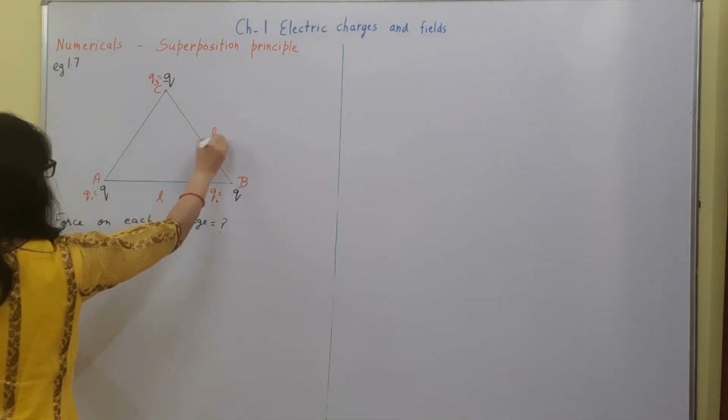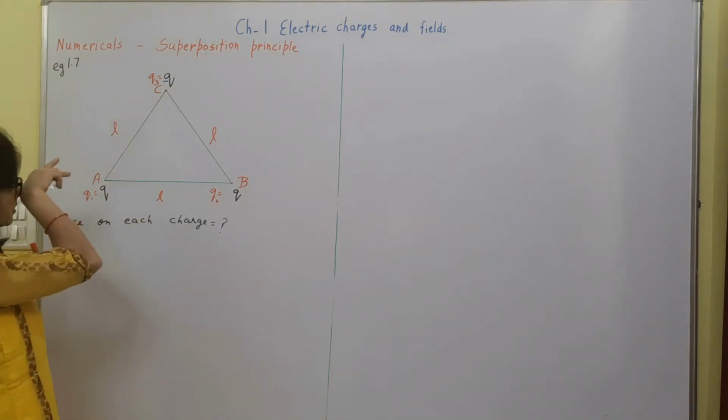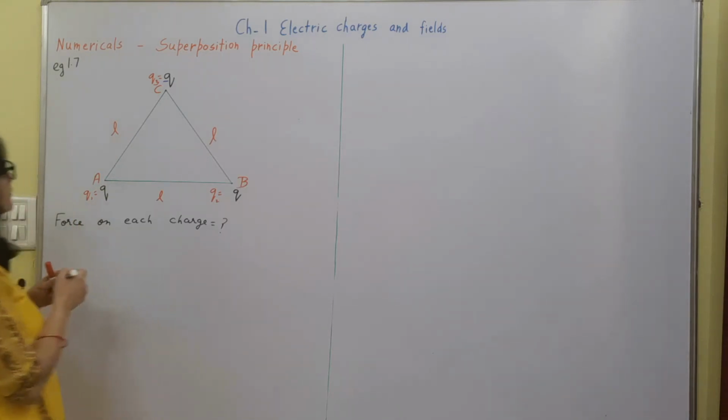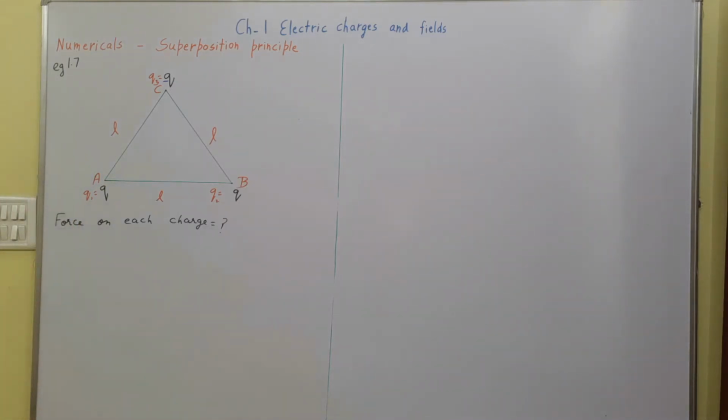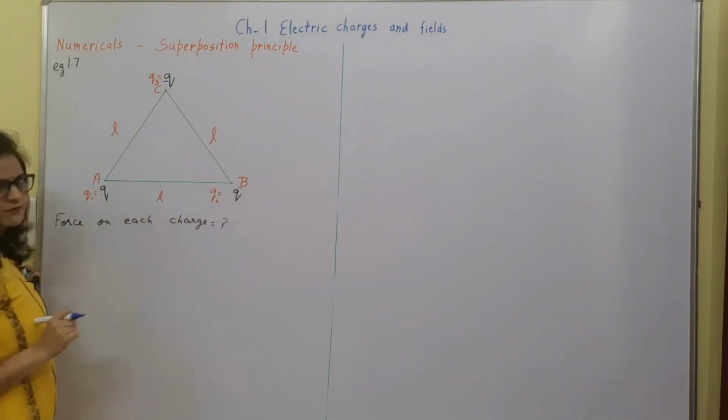The side is L. Now I have to mark the forces on each charge due to the other two charges. So if I have to mark the force on charge 1 due to 2, both are positive.